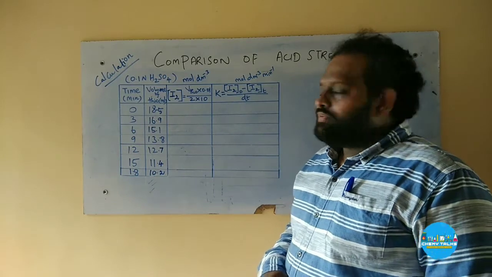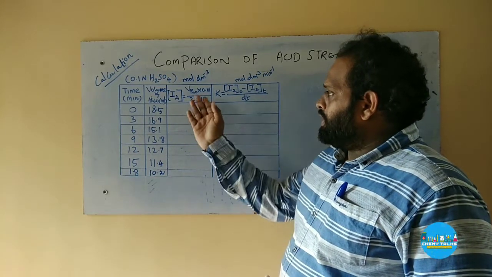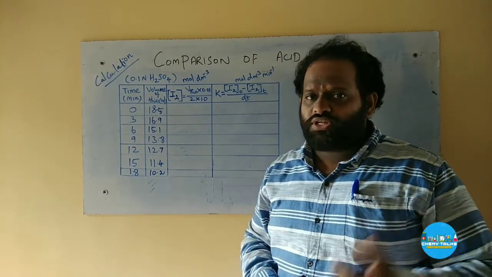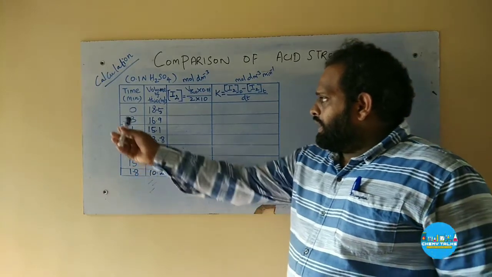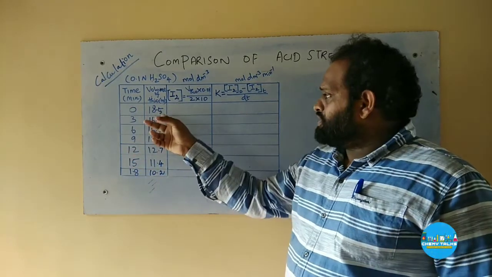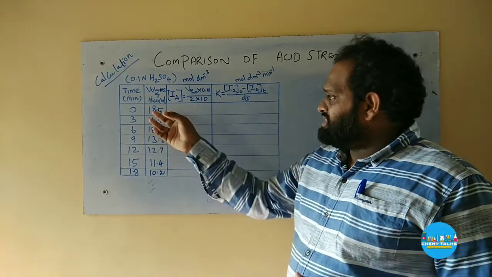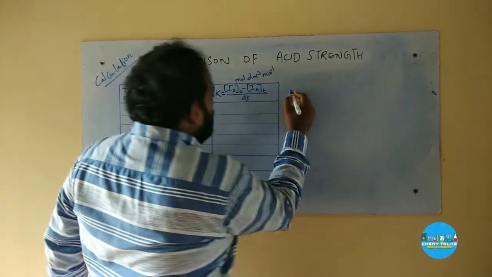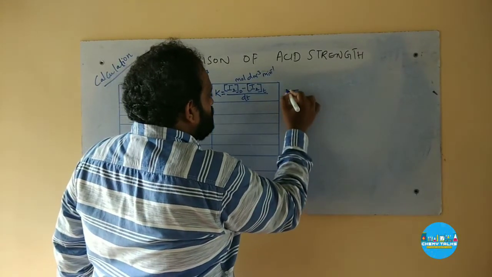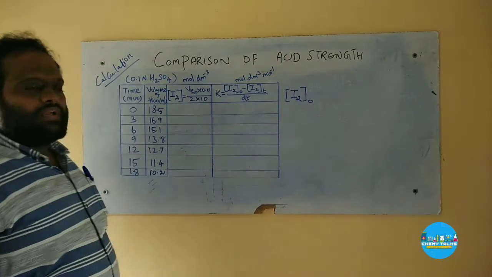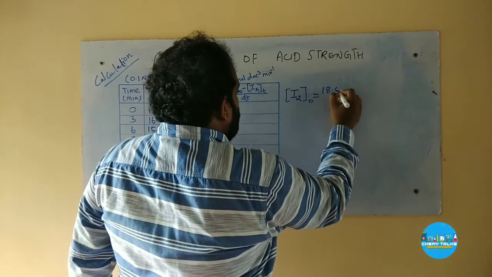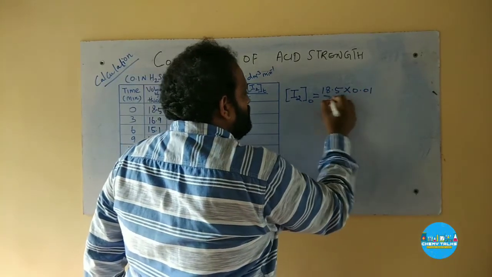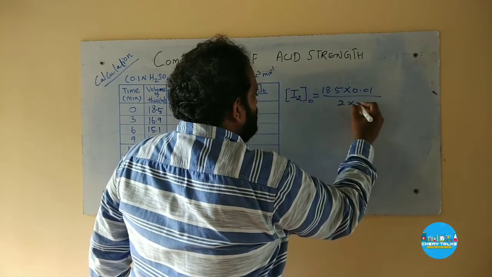End point of thio for the reaction in which 0.1 N concentration of sulfuric acid is used as a catalyst. At time 0, the end point of thio is 18.5. From this end point, we can calculate the concentration of iodine. That is, I2 initial concentration 0 equals 18.5, the volume of thio, into 0.01, the concentration of thio, divided by 2 into 10.